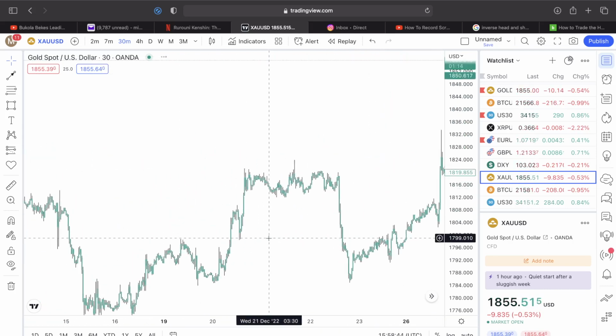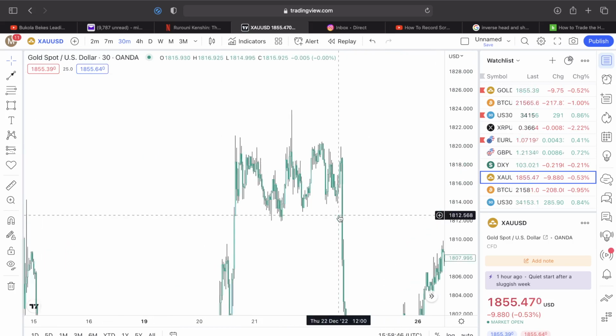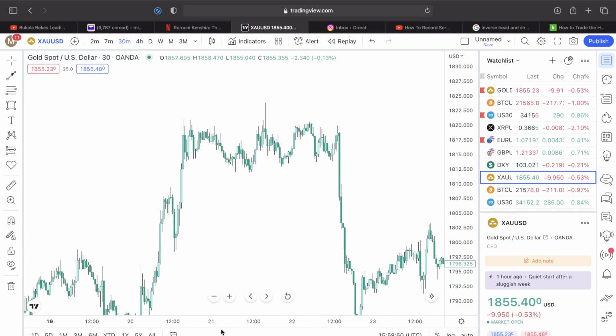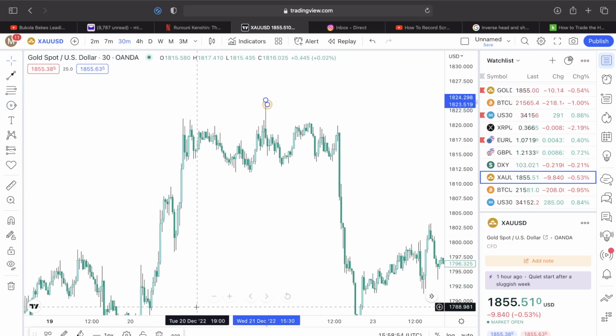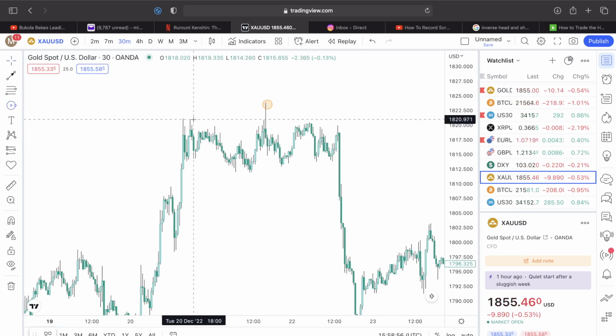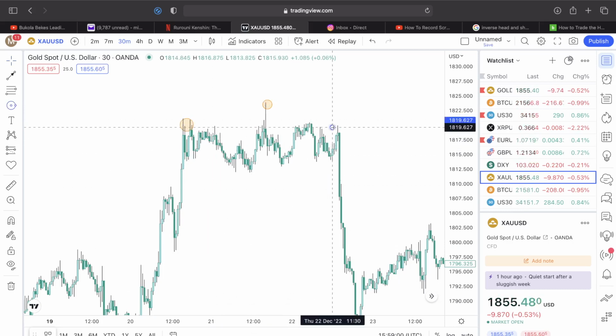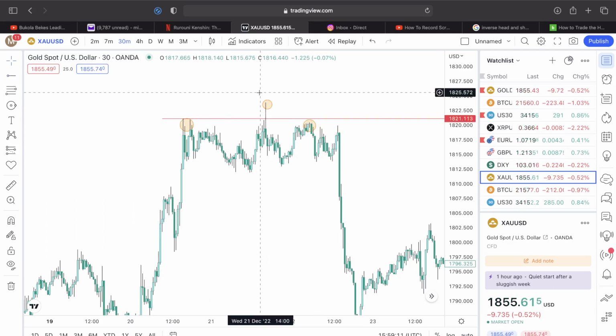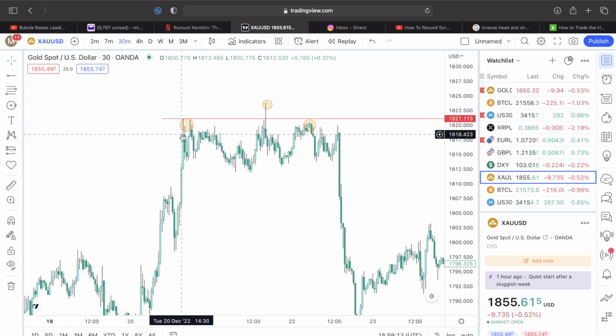Even here as well, that's actually my favorite pattern, to be fair. So it goes here again, head, and then shoulders again here. Right here, maybe here, previous high, it wasn't able to break.